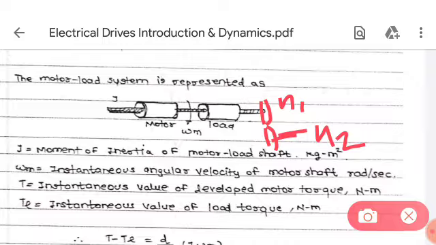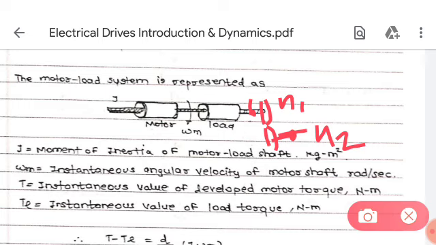Depending upon the turns ratio, there is speed. So one shaft could be running with one speed, and another shaft with another speed. The speeds are different, but there is a constant ratio of the teeth. So we can easily transform the quantities to the motor shaft. That derivation we'll see afterwards.